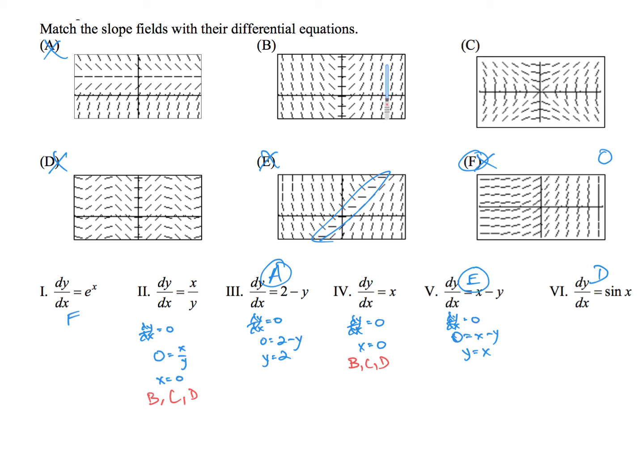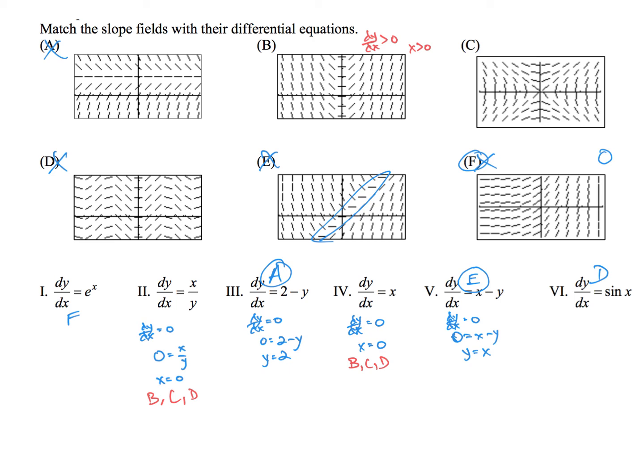I like that. All right, so let's just talk about these positives. So dy/dx is positive when? dy/dx is greater than 0 when x is greater than 0. Does it have to do with y? It doesn't have to do with y, does it?